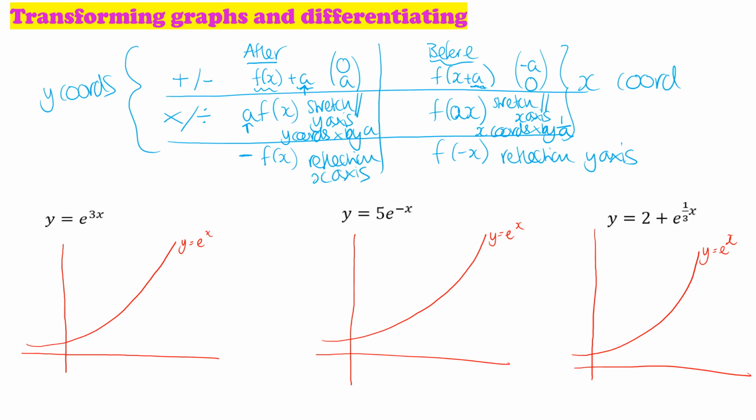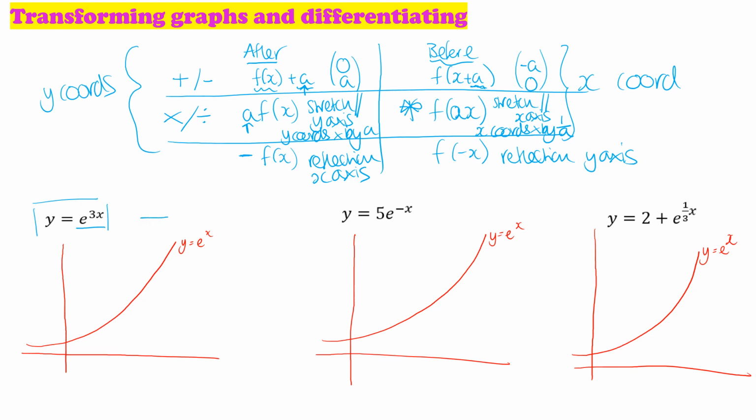So let's have a little look at what these transformations do in terms of the exponential graphs. If we've got y equals e to the x, I've plotted it on all the graphs here, but what have we done? Y equals e to the 3x. This is a transformation. It is timesing it by 3 before the graph has got its shape. So this is a stretch parallel to the x-axis. All the x coordinates are going to times by 1 over 3.